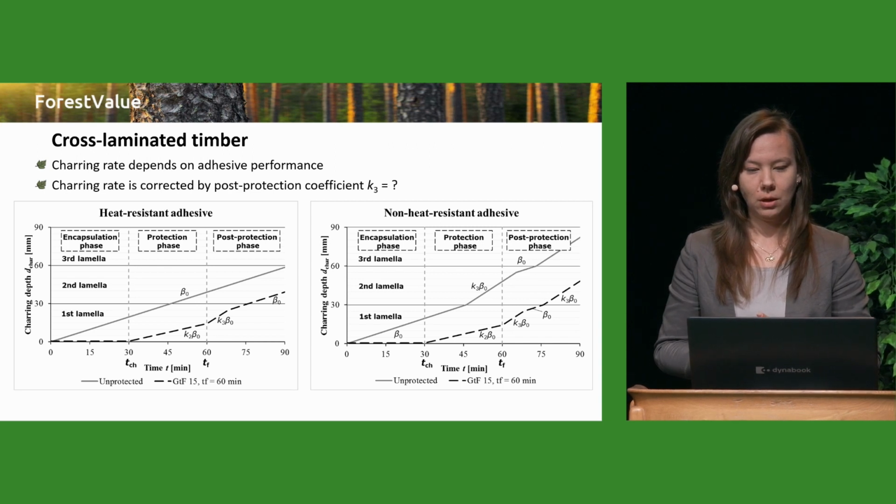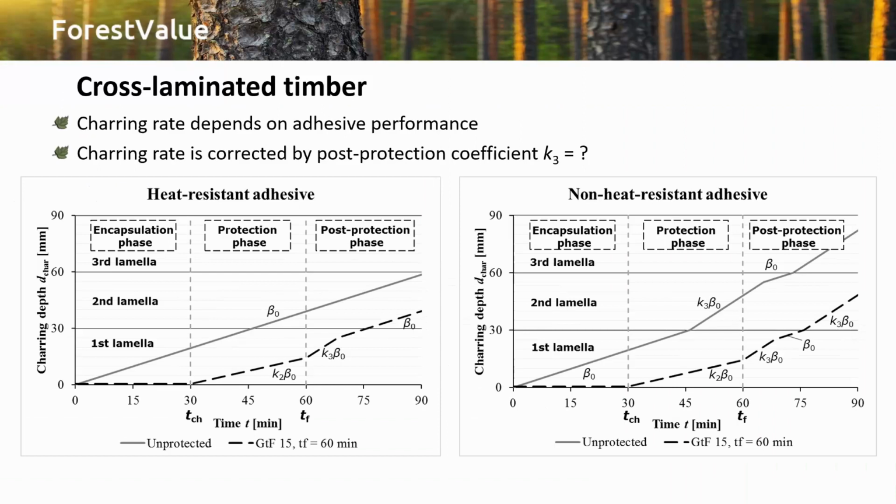Yep. The similar graphs, more analytical, with charring coefficients depending on the charring phases. And what we are now discussing is the post-protection coefficient, which is called K3. So we're considering if it has to be 2, as it is right now, or if it can be a different value, less than 2.